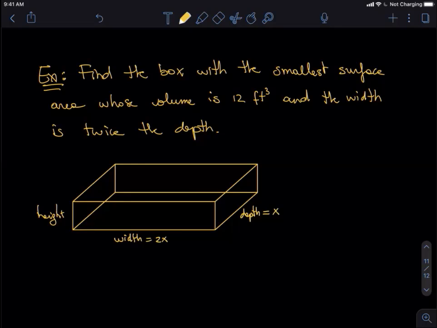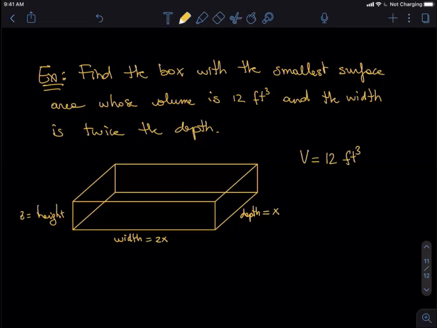And then the height, usually for a vertical coordinate, you use the z variable. So let's call it z. And here what we know is that the volume has to be 12 cubic feet.